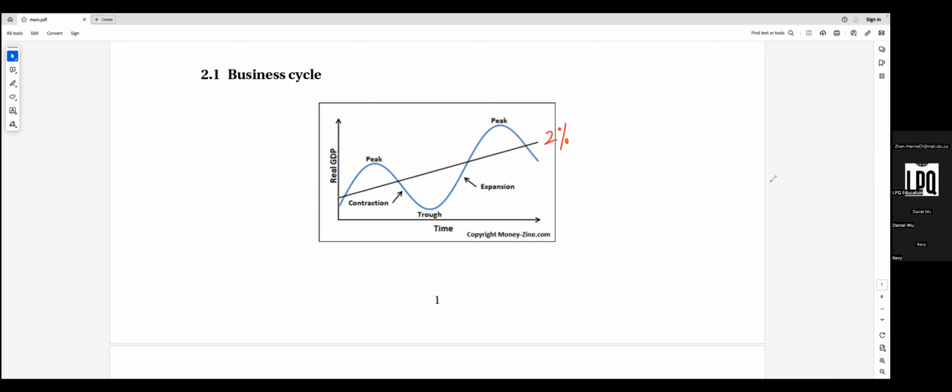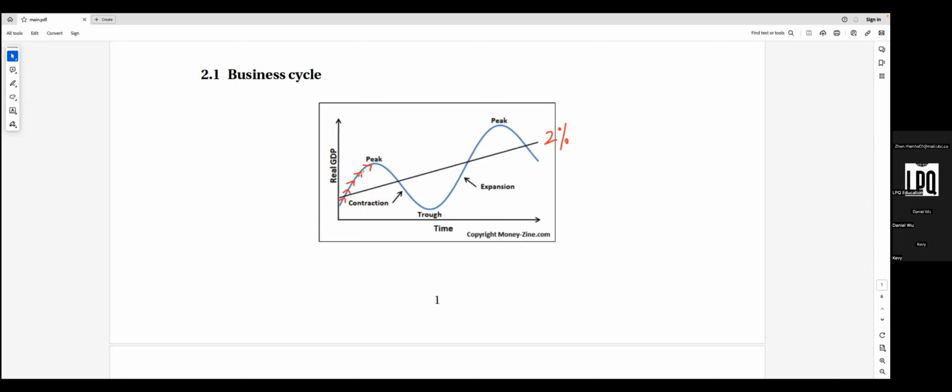What do I mean by fluctuation? For some years the GDP growth rate is higher than 2%. We call a period during which GDP increases faster than 2% an expansionary time.